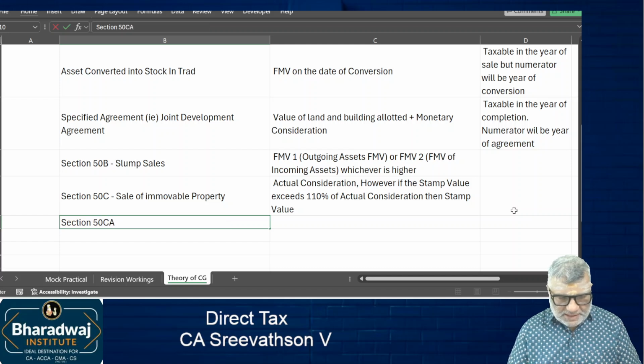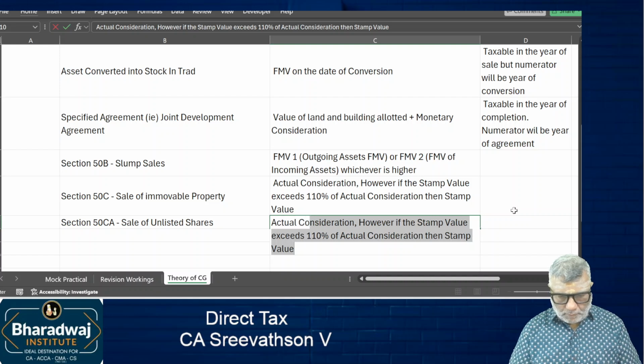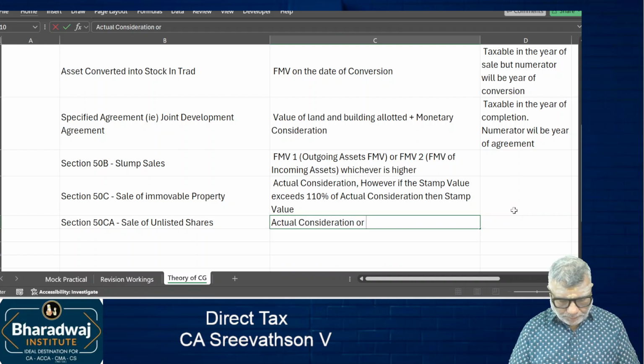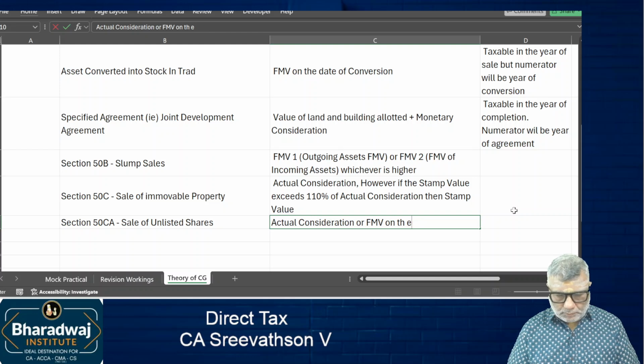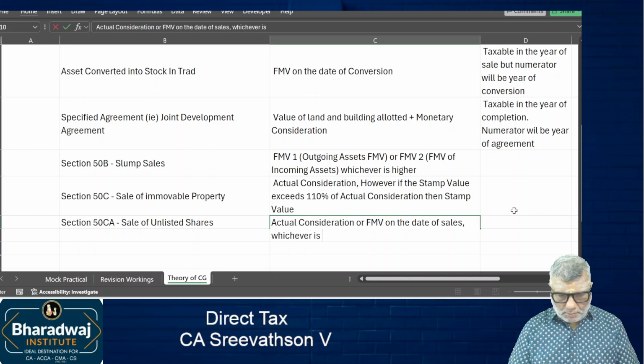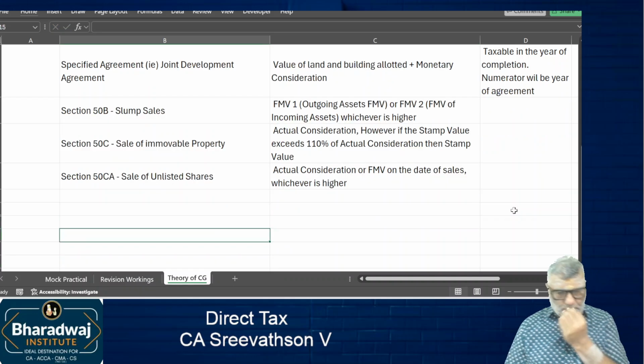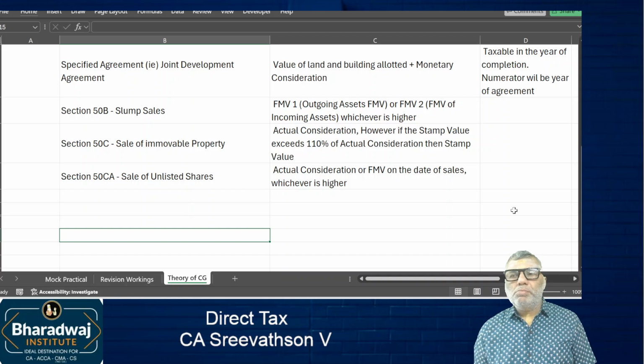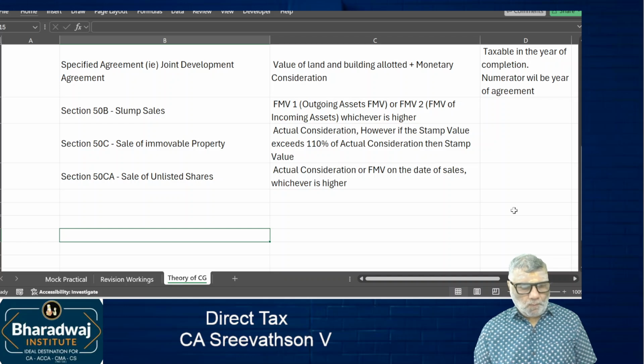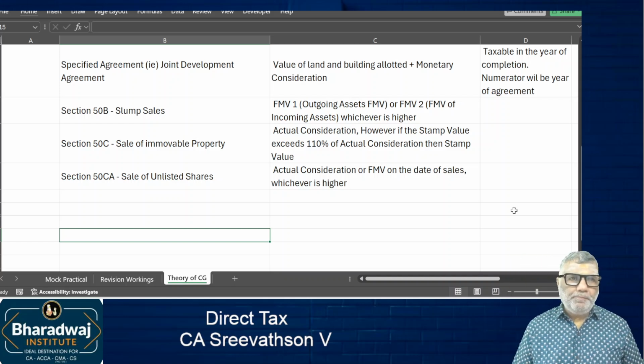Sale of unlisted shares. Are you all understanding this?